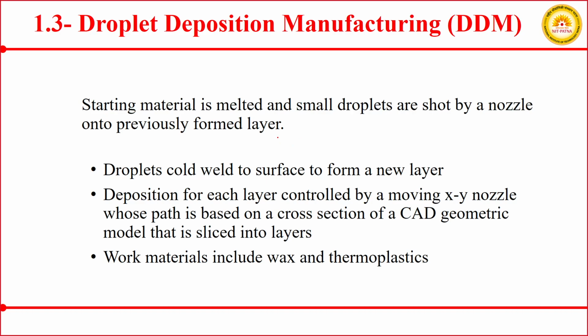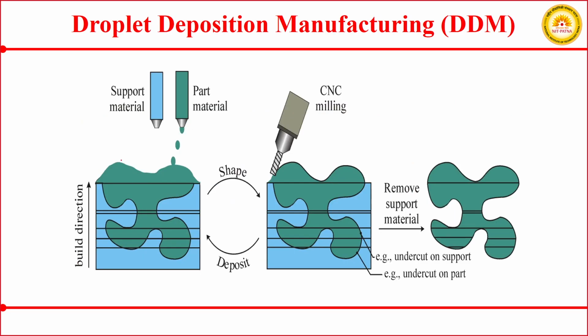In the case of droplet deposition manufacturing, the starting material is melted, and small droplets are shot by a nozzle onto the previously formed layer. Here we are shooting these small droplets by a nozzle, building the material, and the material is deposited in the shape of droplets.